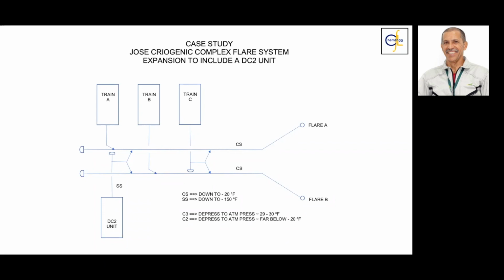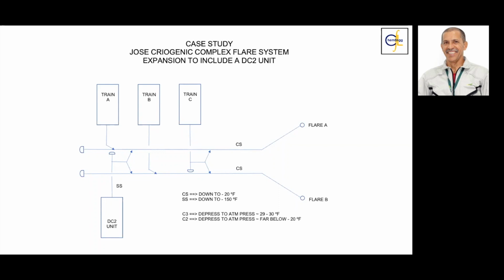With this very cold temperature, this carbon steel material will fail from the mechanical point of view, the material selection. So the carbon steel will not withstand one depressuring, one flare release or one vent release from the ethanizer plant.